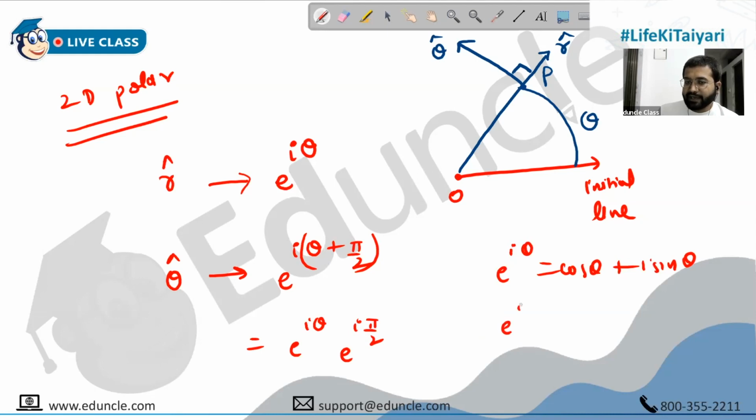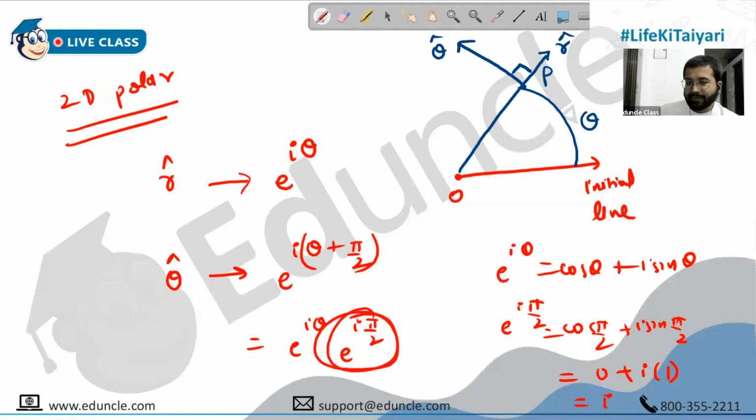So e raised to i pi by 2 is cos pi by 2 plus i sin pi by 2. Cos pi by 2 is 0, sin pi by 2 is 1. You are just left with i. So e raised to i pi by 2 is just i, people. So you get i e raised to i theta. So this is theta cap.